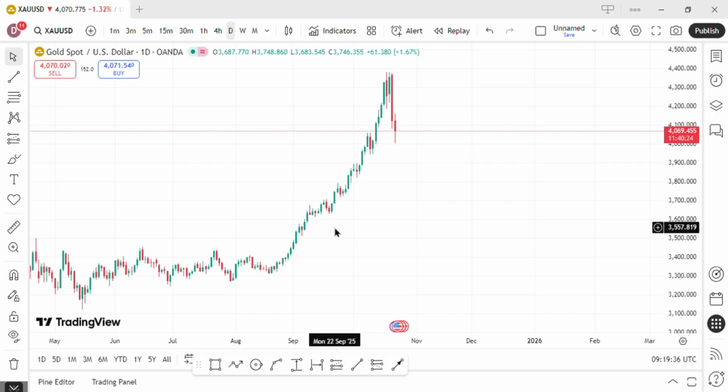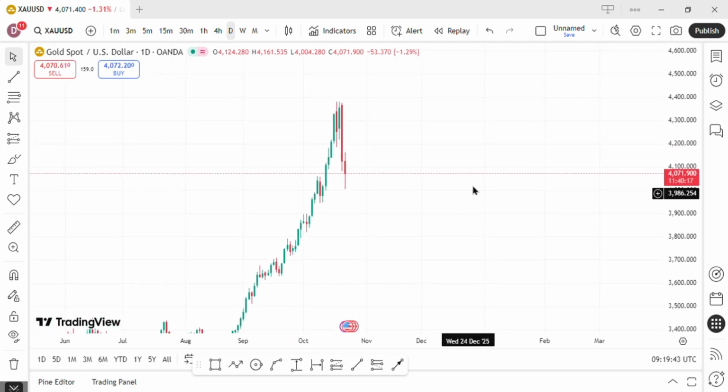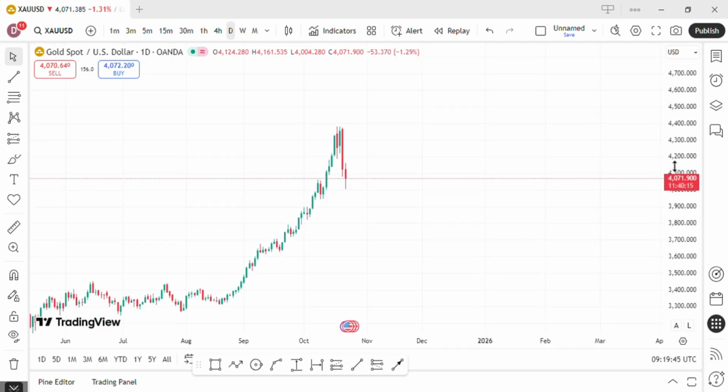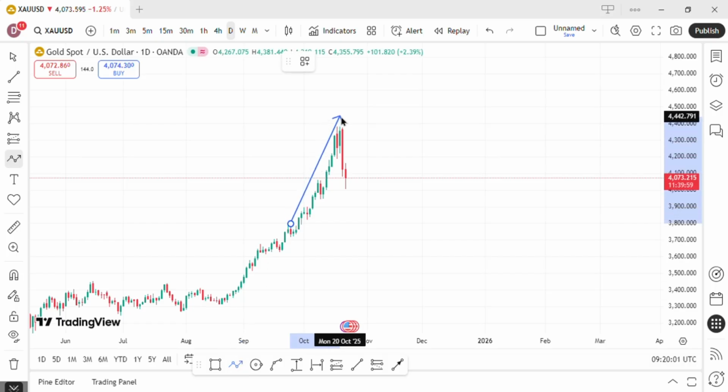From the daily, what we can see is a very bullish trend. When price went up, there was a retracement to this other block, to this red candle here.